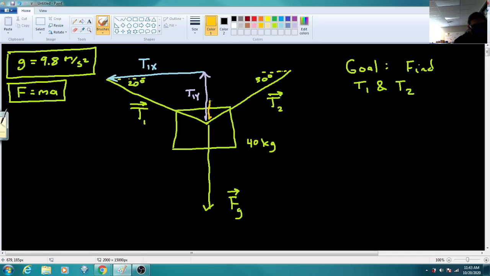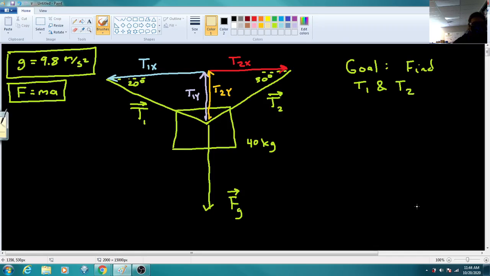There's one pulling straight upwards, which we'll call T2y. And then there's one pulling off to the right-hand side. We'll call that T2x.